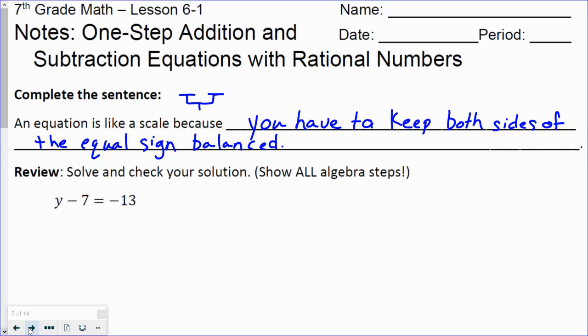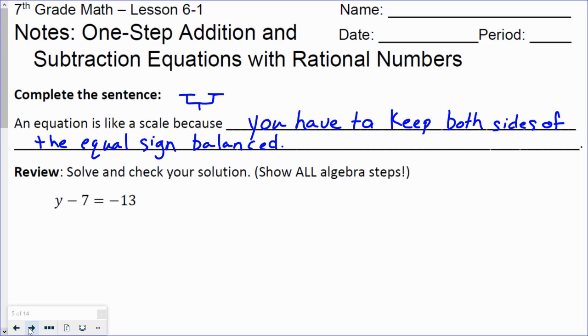That's why whatever we do to one side of the equal sign, we have to do to the other side.